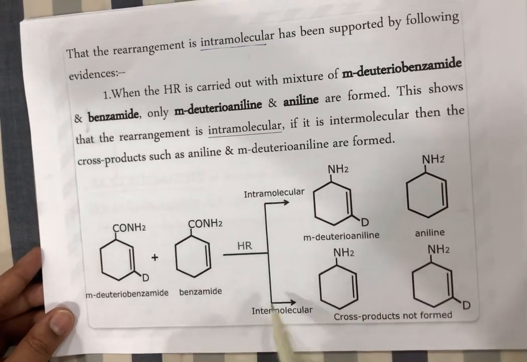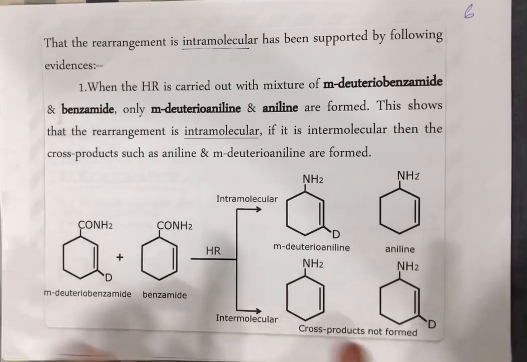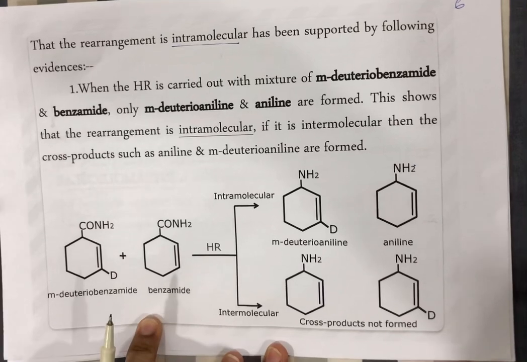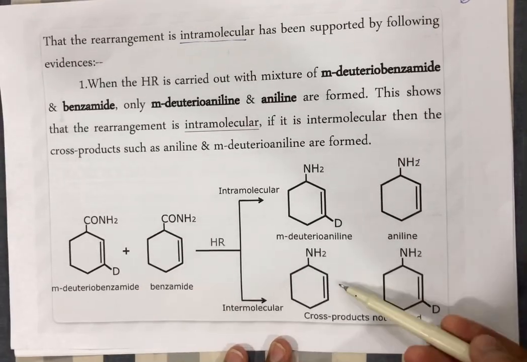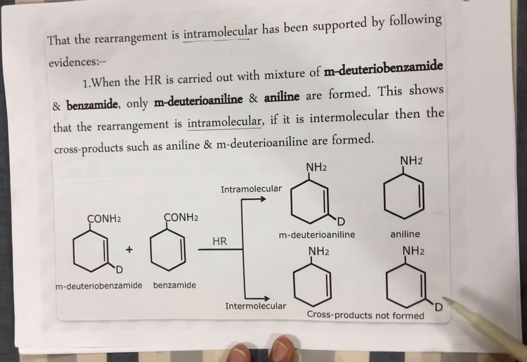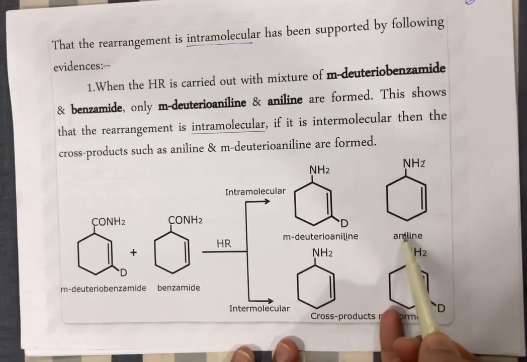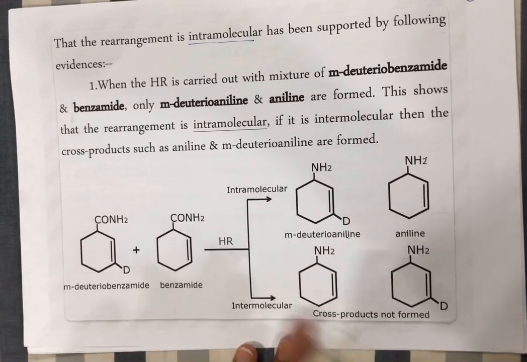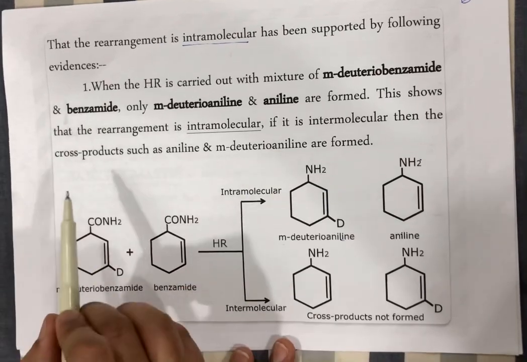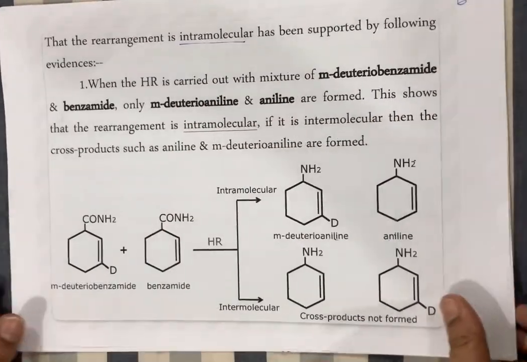But if an intermolecular process occurred, cross products would be formed. In this reaction, it does not produce cross products, but only forms meta-deuteroaniline and aniline. So it is proved that this Hofmann rearrangement reaction is only and only intramolecular.